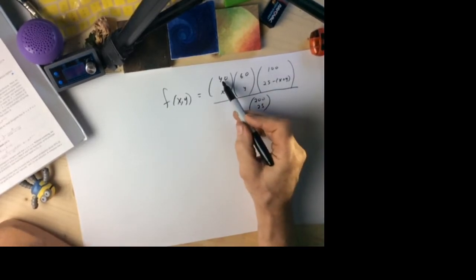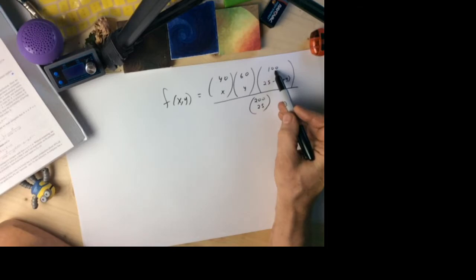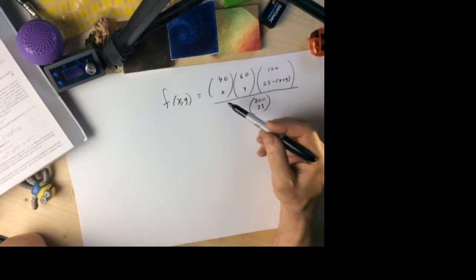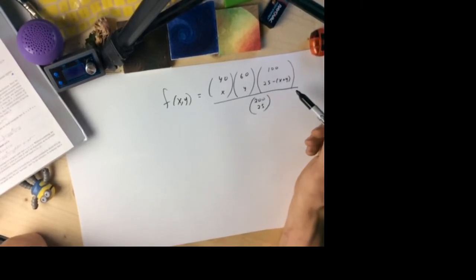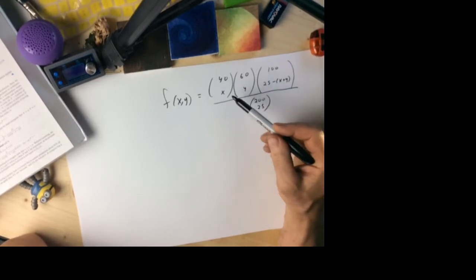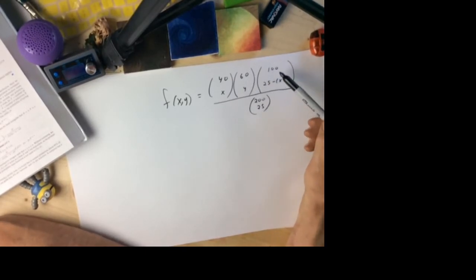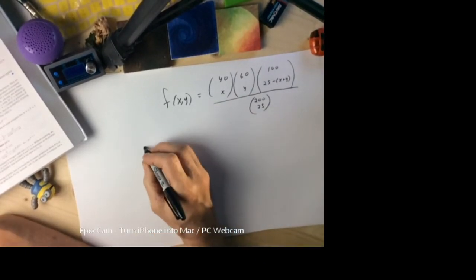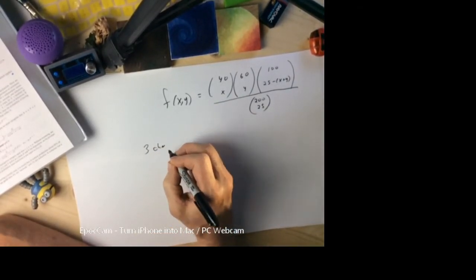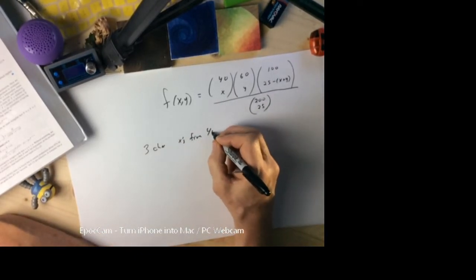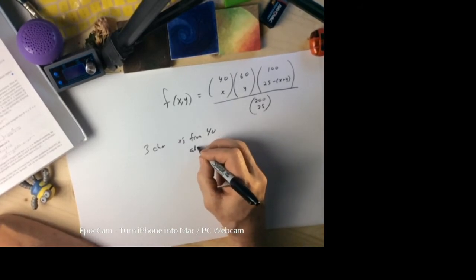I want you to notice that 60 plus 40 is 100. This kind of looks like you're picking a total of x and y things up to 25. And so it looks like you're picking x from the 40, y from the 60 things, and what's left from the other 100. So it seems clear that we have 3 characteristics here. The x's from 40 alike things.